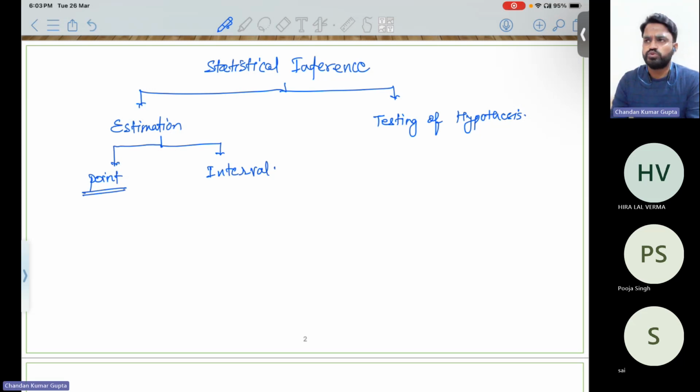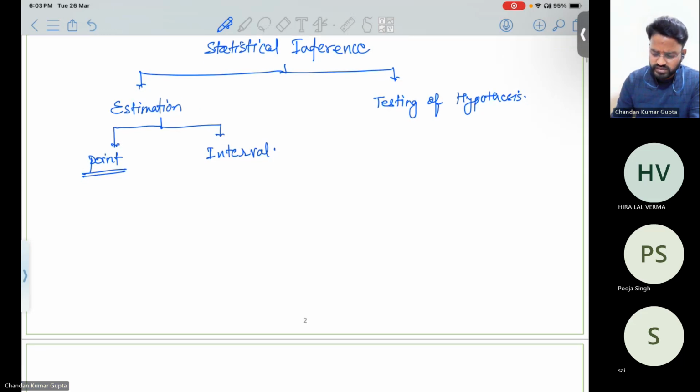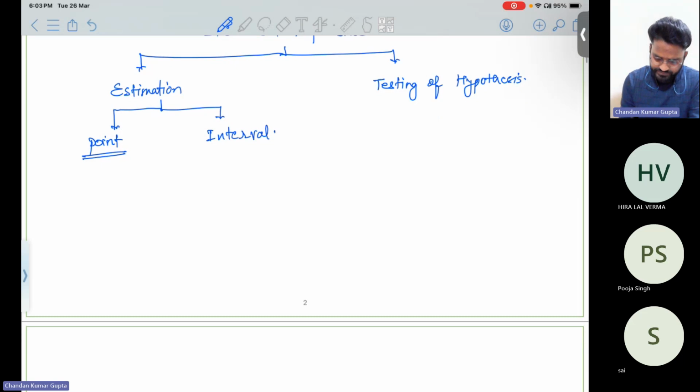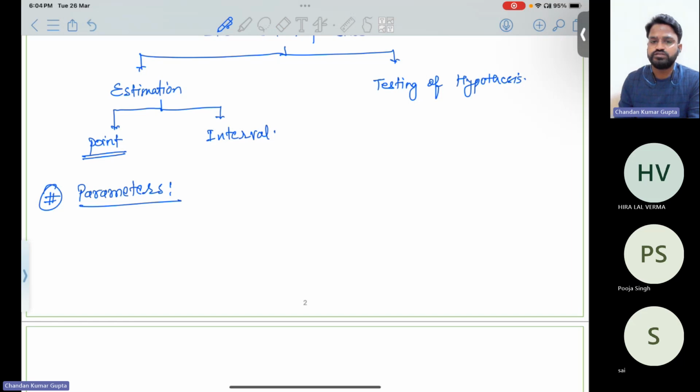For point estimation, there are various methods to estimate the parameters. But before that, let us discuss what a parameter is. A parameter is a function of population values.